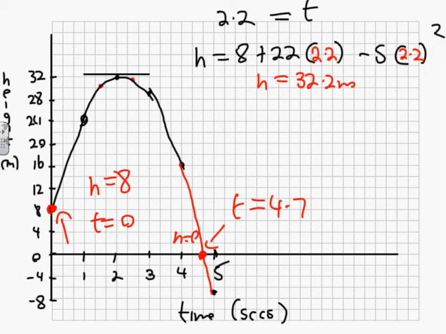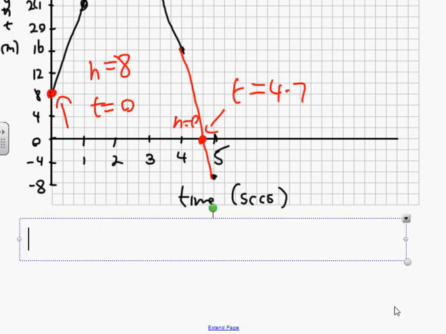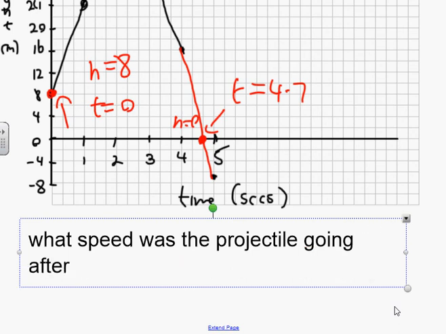I'm going to add in one other question for this, okay? And here's the question I'm going to add in. Can anyone in the class tell me how do you find what speed the projectile was going after 4 seconds?